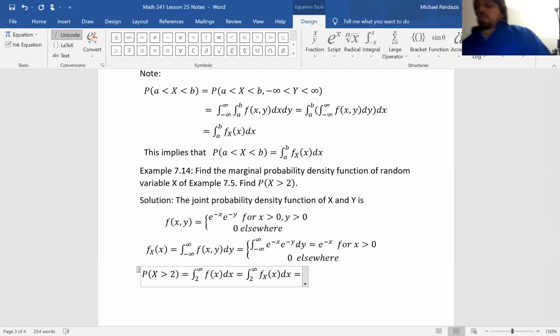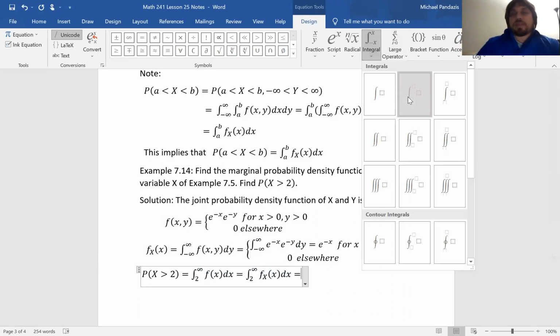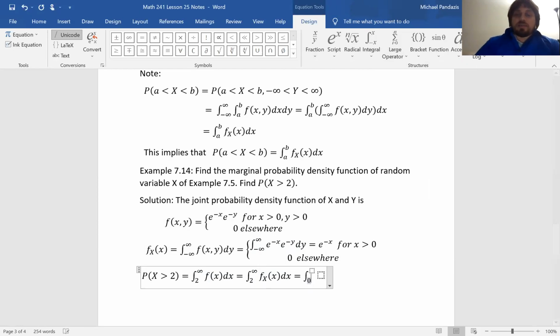That's equal to the integral from 2 to infinity of e to the negative x dx, and that's equal to e to the negative 2, which equals 0.1353.